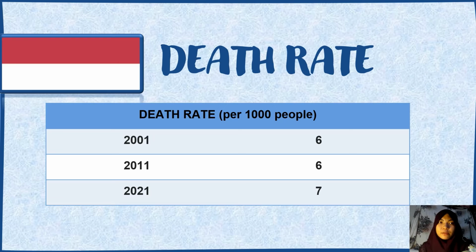Table 3 shows that the death rate for Indonesia in 2021 was 7 deaths per 1,000 people, a decline from 2001 and 2011.